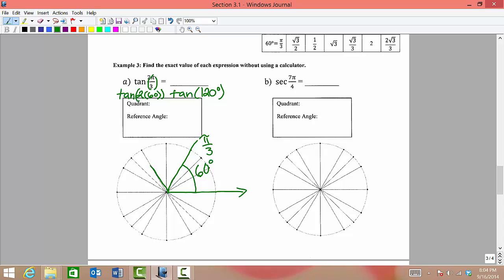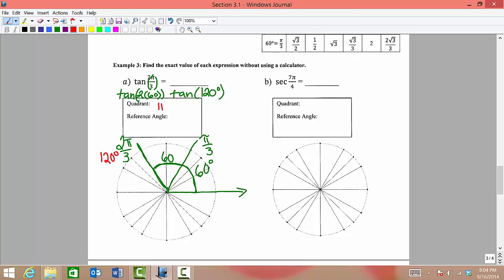So when I go 2 segments of 60 degrees, here's another 60 degree segment, that would be 2 pi over 3. So 2 pi over 3 radians can be found and graphed very easily by going 2 60-degree segments, or 2 segments of pi over 3. And that's the same thing, of course, as 120 degrees.